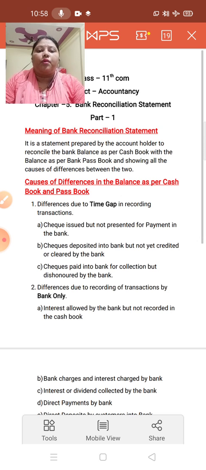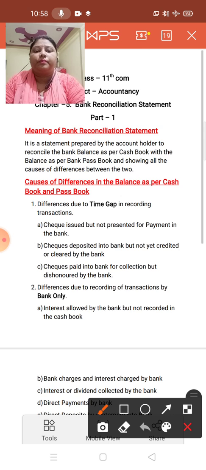Now, the meaning of bank reconciliation statement. It is a statement prepared by the account holder to reconcile the bank balance as per cash book with the balance as per bank passbook, and showing all the causes of the differences between the two.